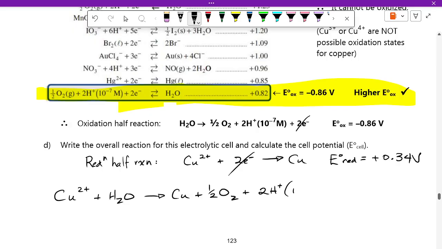And you do need to write this 10 to the negative 7 molar in there. Okay, if that's the reaction you're using, please do write that.